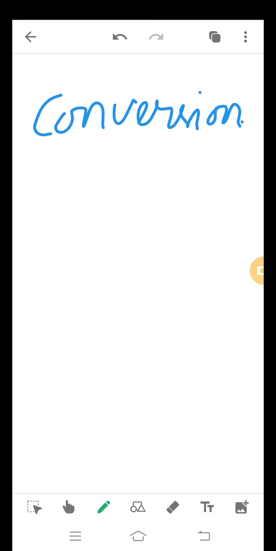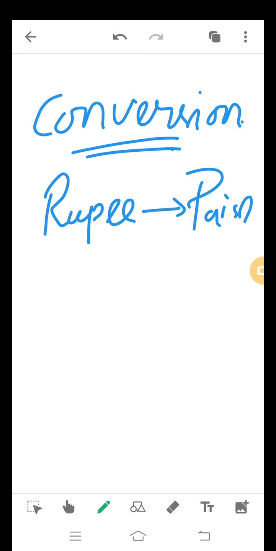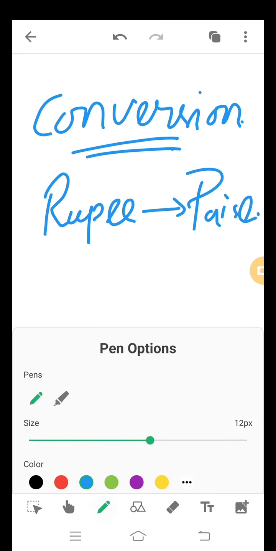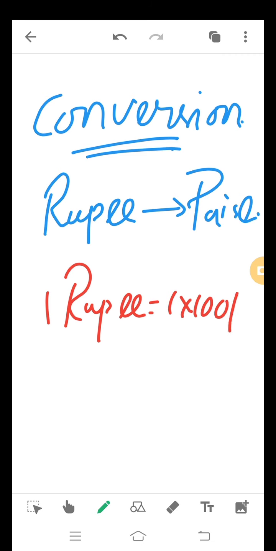Now we are going to learn one of the important concepts, that is conversion. Now we are going to convert rupees to paise. We all know very well that 1 rupee equals 100 paise. You can mention that as 1 into 100 paise.